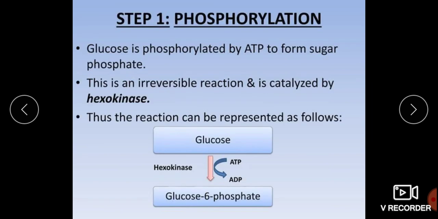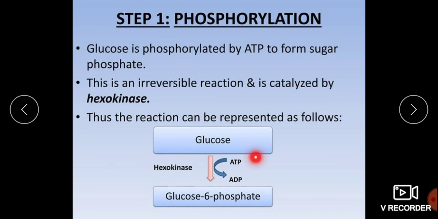Now we can see the stepwise explanation of glycolysis. Step first, that is phosphorylation. In the phosphorylation, the glucose molecule is phosphorylated by an ATP.